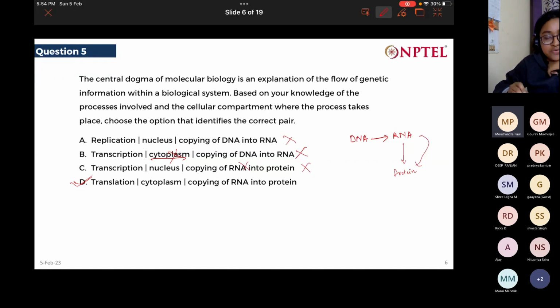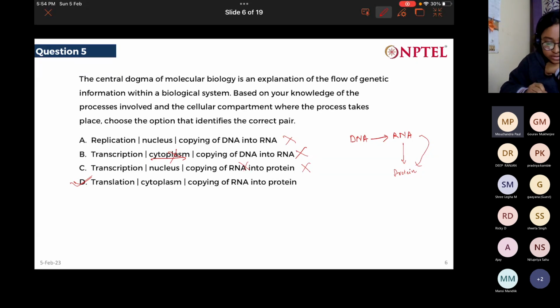But once the mRNA is formed in the nucleus, it is transported to the cytoplasm, where the translation process happens, where the ribosomes are present and facilitate translation to form the protein. So among these options, I discussed previously that option D is correct. Why? Replication happens in the nucleus, fine, but replication doesn't involve copying DNA into RNA.